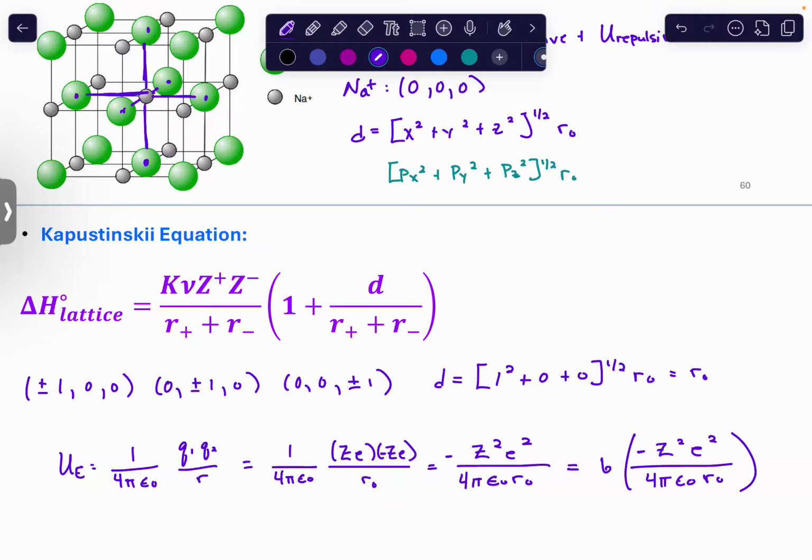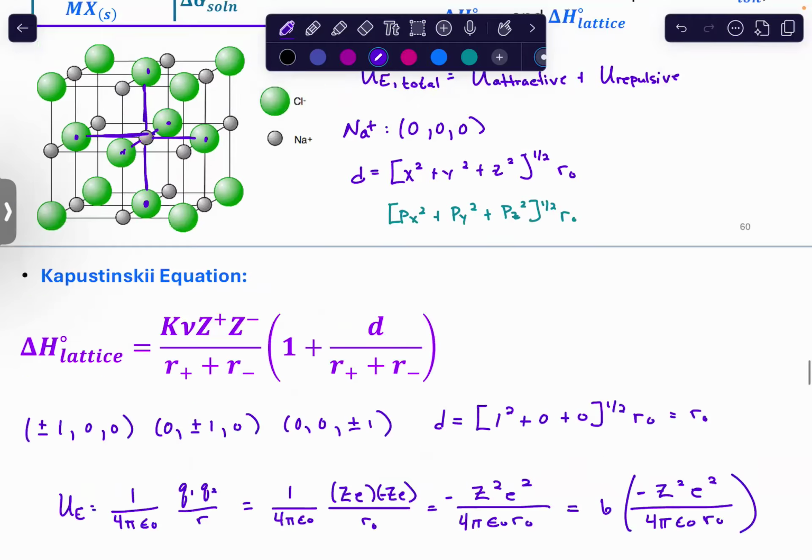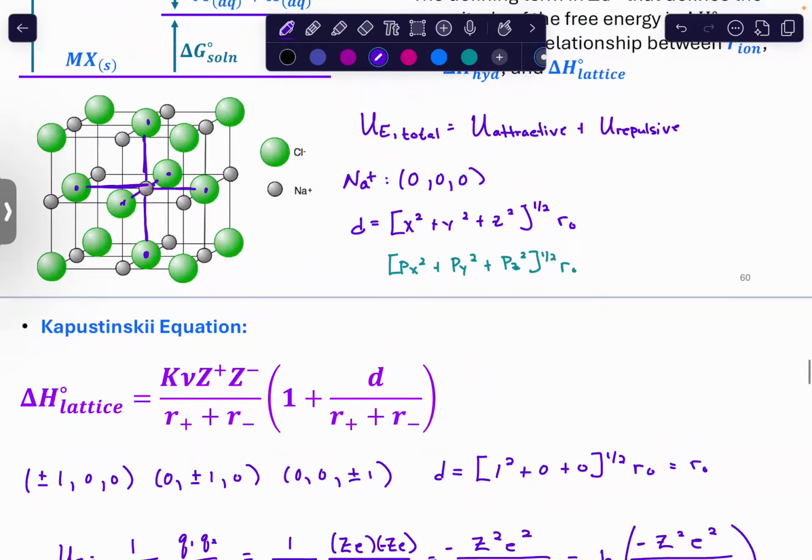Now, that is the potential for those chlorides. Now, what about the following sodiums? Okay, well, where are those? 1, 2, 3, 4, 5, 6, 7, 8, 9, 10, 11.